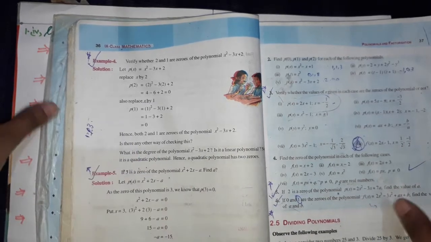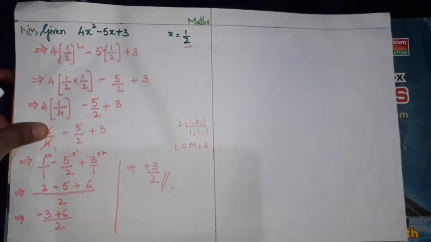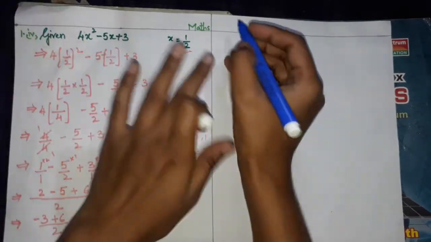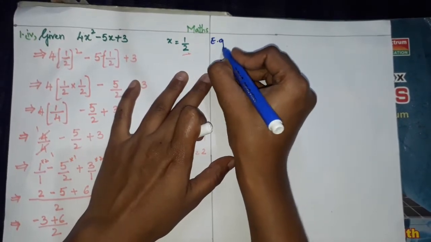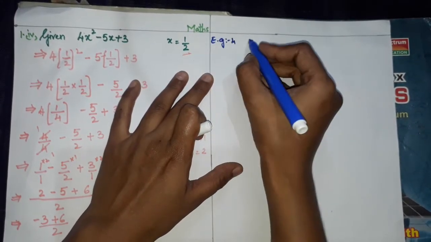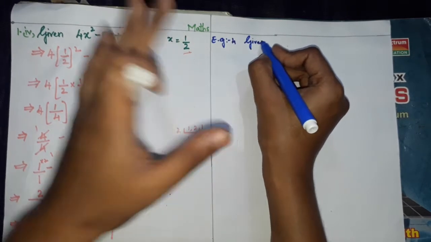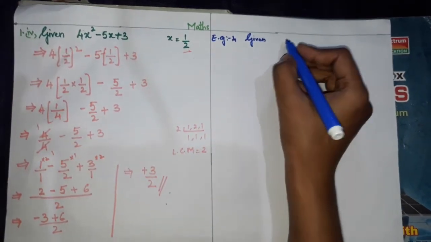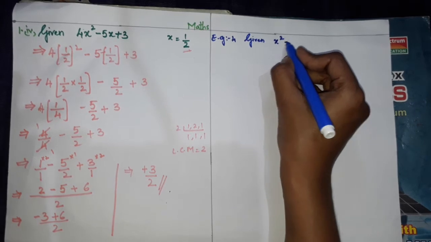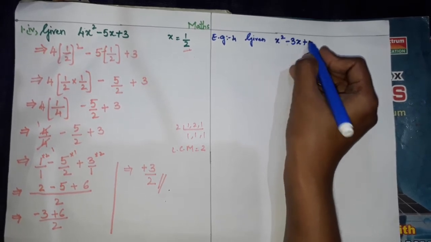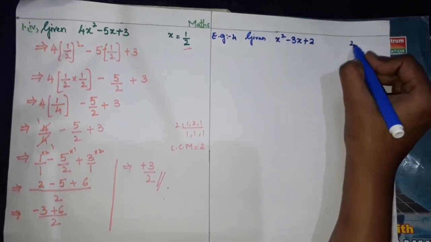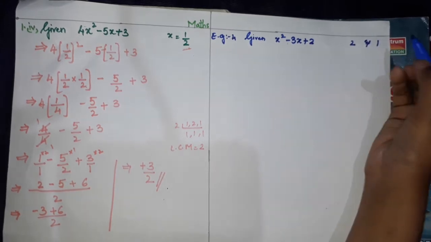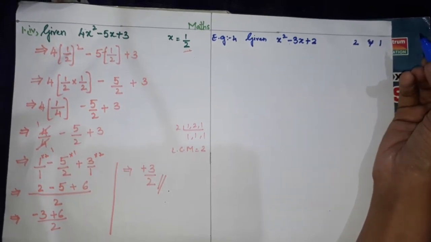Shall we check it? Now the question, example 4, is x square minus 3x plus 2. We have to substitute first 2, then 1.